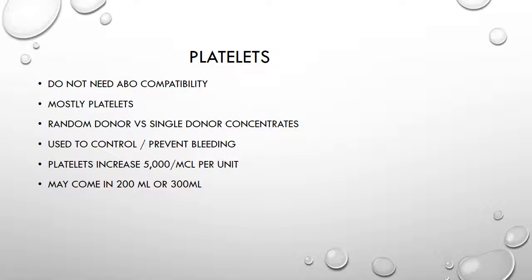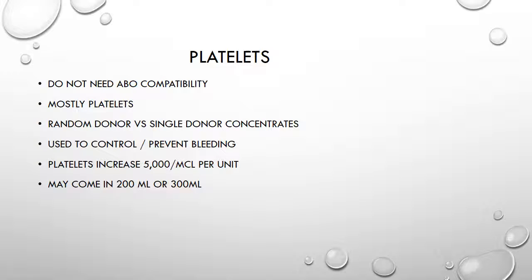We can also transfuse platelets to our patient. If we are transfusing platelets, even though platelets are a blood component, we don't need to worry about the ABO compatibility. Mostly what's in platelets are platelets. We can have a random donor versus single donor concentrates.